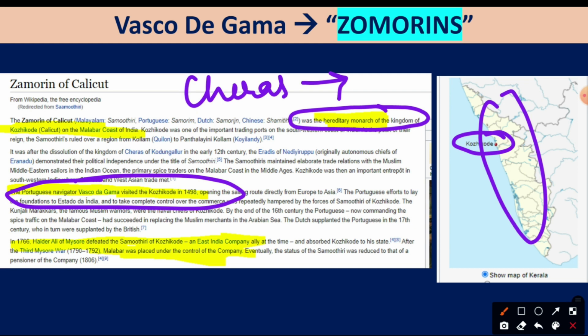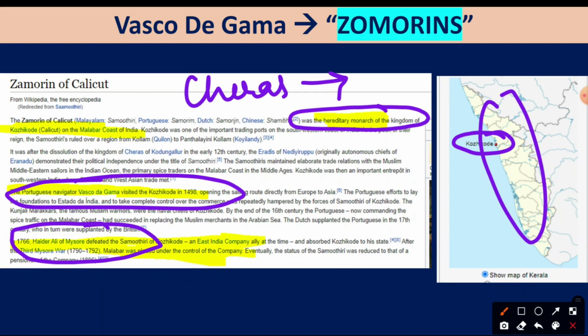Initially, they helped us, but after it, when the Europeans started to establish their dominance, the Zamorins went against the European powers. The final story of the Zamorins was that Hyder Ali, we will see later on, but don't get confused.